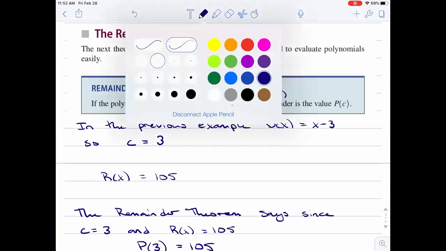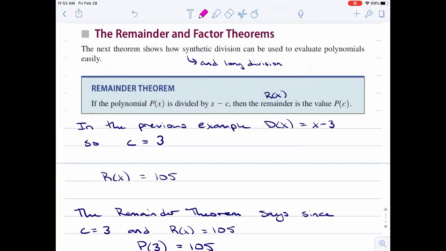So this portion of it is really important. Only x minus c. For x plus c, you can just make it negative c. That's right. x plus c is x minus negative c. But it can only handle those little cases.